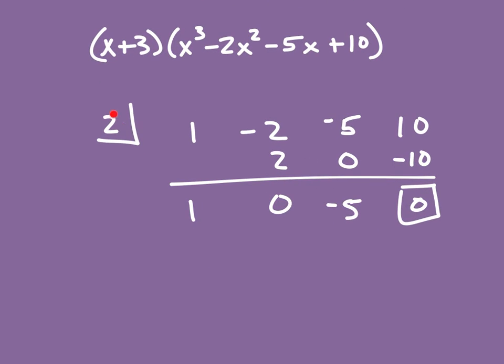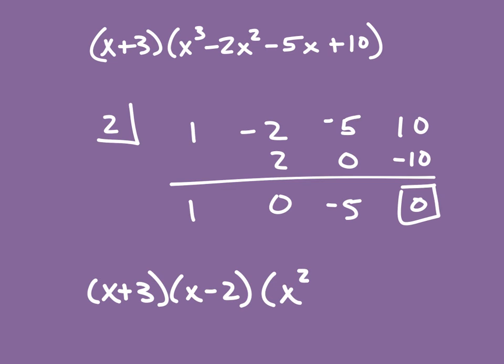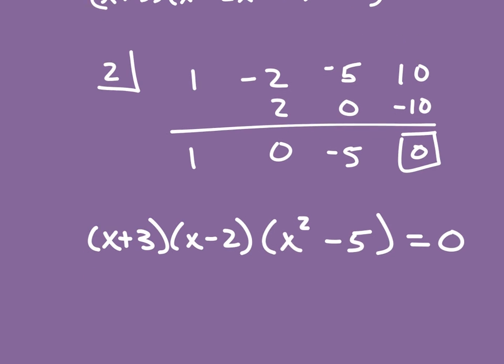Now, because of this, look what you've done. You've done another set of factoring. So you've got x plus 3 times x minus 2, because if x is equal to 2, the factor is x minus 2. And then we've got x squared plus 0x, which is 0, and then minus 5. This is completely factored now, and we want to set this equal to 0.